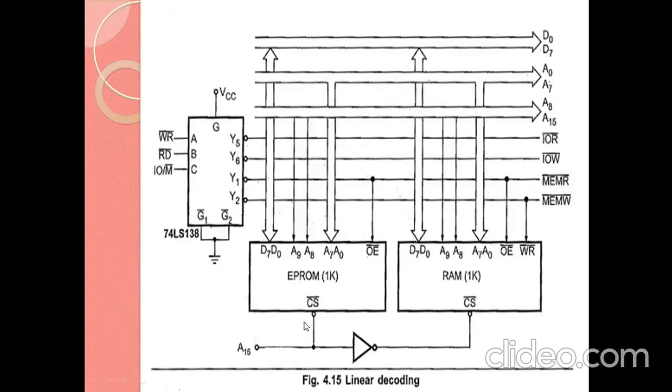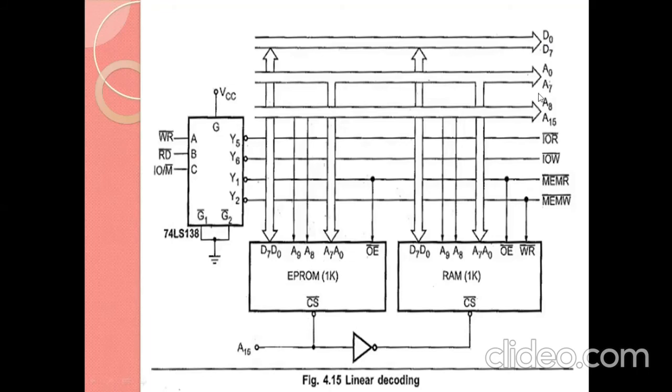Suppose I want to read any data from the RAM. The read operation will be enabled, and it will point to this address using these address lines. Next, it will read the data through this data bus and send it to the microprocessor. If I want to write any data to the EEPROM, OE is enabled and this memory is selected.